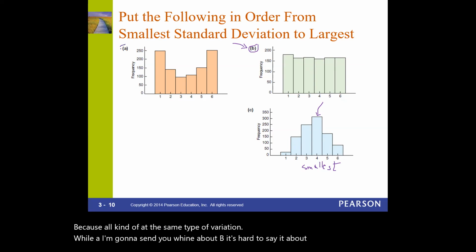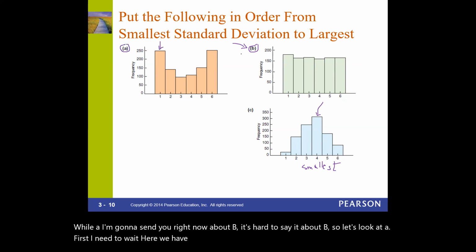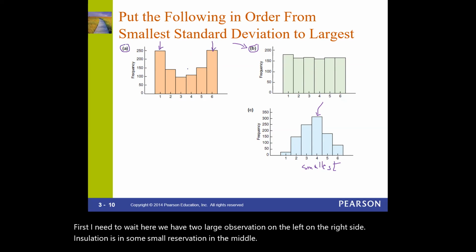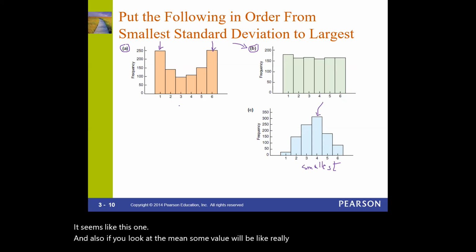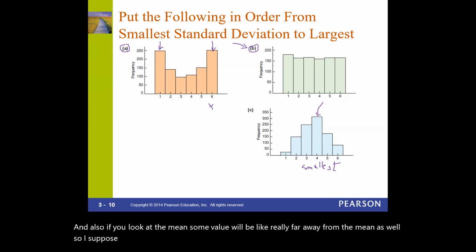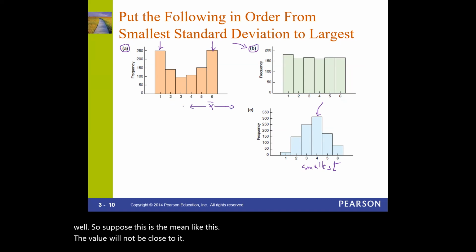So let's look at A first. Here we have two large observations on the left and the right side, and some small observations in the middle. If you look at the mean, some values will be really far away from the mean. Suppose this is the mean like this; the values will not be close to it. Let's put x1 and then x2.